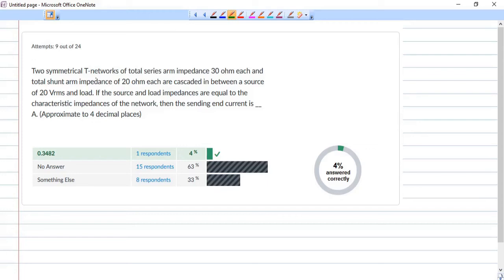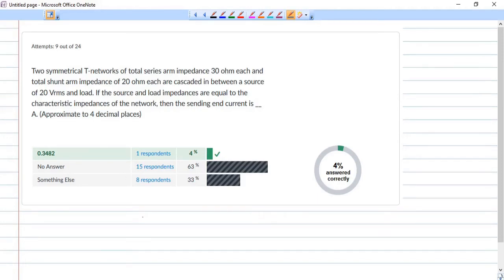So next question is: two symmetrical T networks of total series arm impedance 30 ohm each and total shunt arm impedance of 20 ohm each are cascaded in between a source of 20 Vrms and a load.